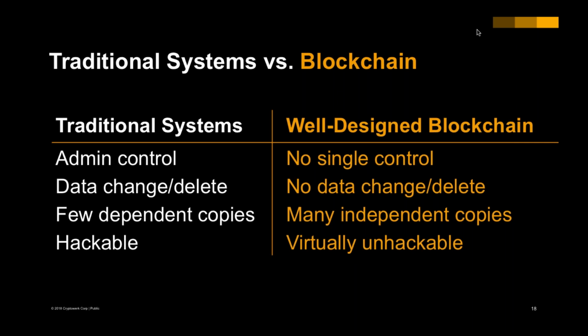It revolves around any traditional system that has admin control, so access of an admin, which means it can be hacked ultimately, because if that admin is either disgruntled or the password is phished or whatever it is, if you get access to the system, there is a single point of control and you can manipulate data, you can delete data, you can edit data. And you heard me talk about this earlier, that this increasingly happens, and our traditional systems obviously aren't safe enough, else these guys wouldn't be able to do so much damage right now.